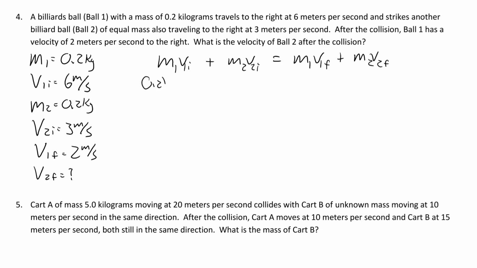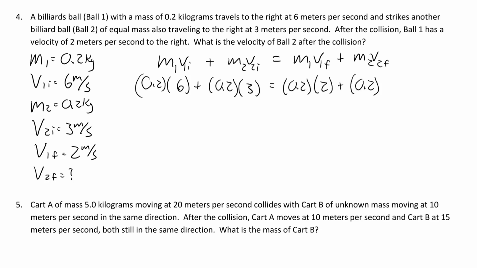So this is 0.2 times 6 plus 0.2 times 3 is equal to 0.2 times 2 plus 0.2 times, we don't know, V2F. All right, so 0.2 times 6, that's 1.2, plus 0.2 times 3 is 0.6, is equal to 0.2 times 2, 0.4, plus 0.2 V2F.